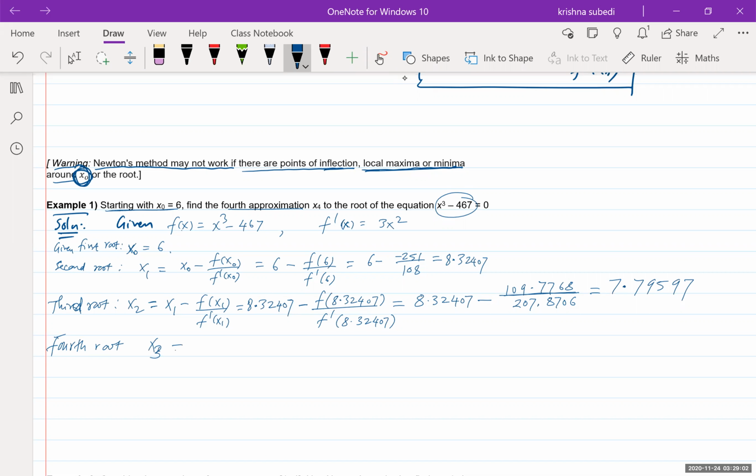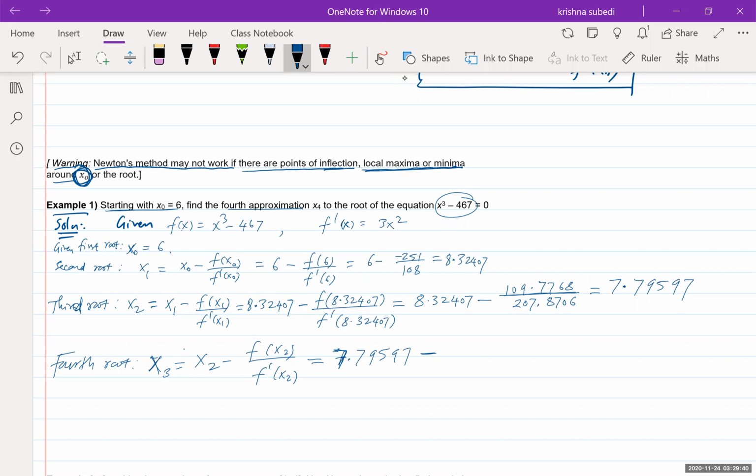which is given by x3, and the formula is, let me write fourth root a little bit here. x3, the formula is x2 minus f of x2 over f prime of x2. And so x2 is 7.79597 minus, let me plug in this value in my function.